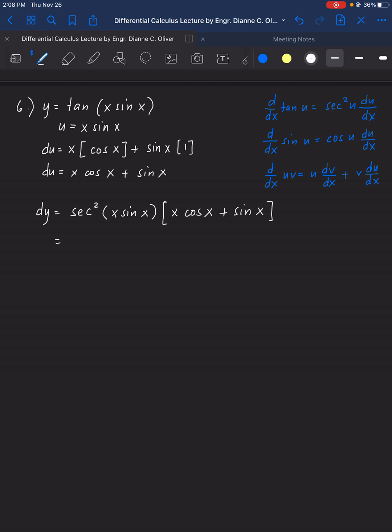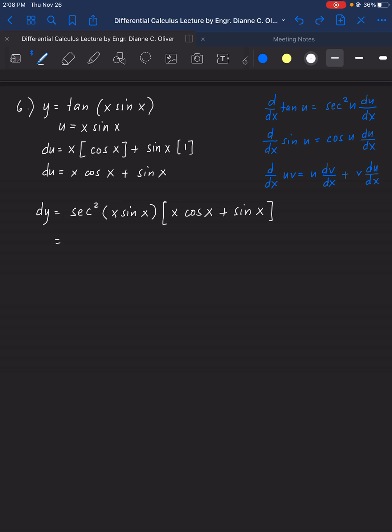Okay, so what will happen here? We cannot multiply this angle only and distribute it here. No. If we prefer to distribute it, then it should be the whole secant squared of x sine x to be distributed here. Always remember that this is the angle of secant squared.